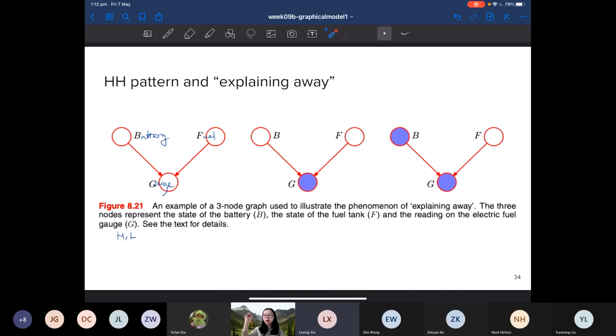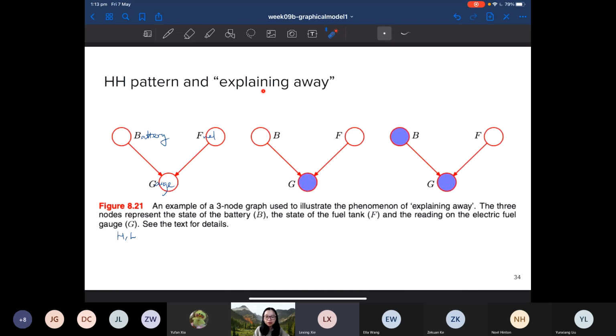Rarer than them failing on their own, one of them failing. Therefore, if the fuel gauge is low and I know that the source of that failure, or needing to act, is because of the battery, it means that it's less likely that I'm running low on fuel.